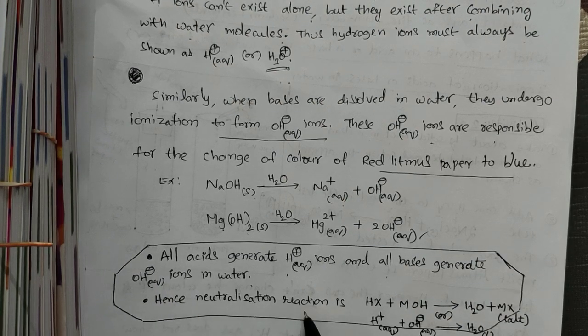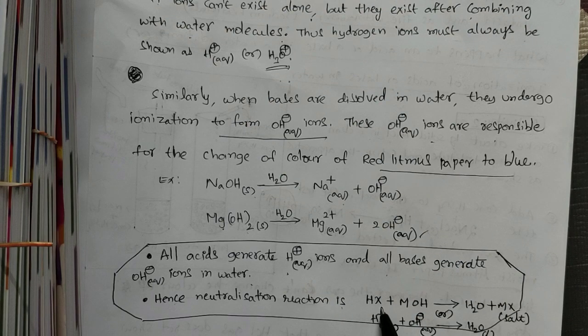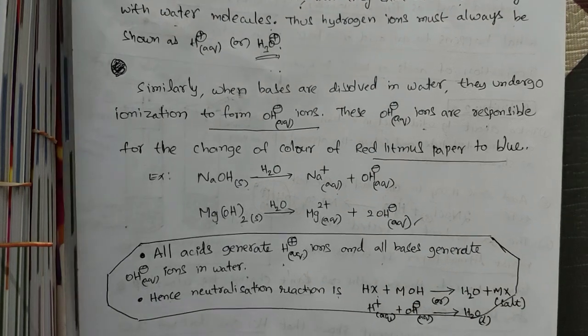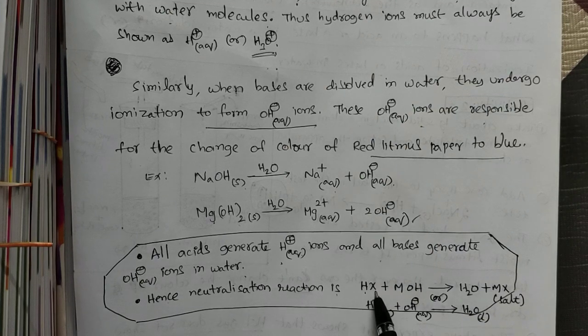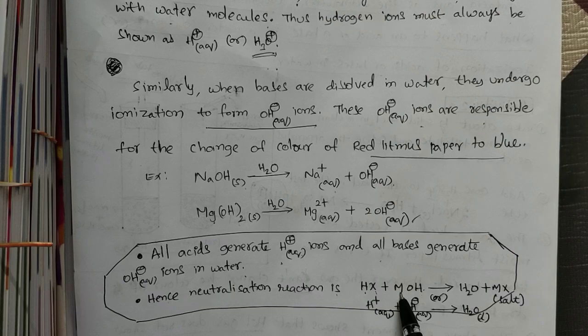Hence, neutralization reaction is, HX is an acid, right? Since acids should contain H plus, I mentioned it as HX, and MOH is a hydroxide and a metal ion, right?